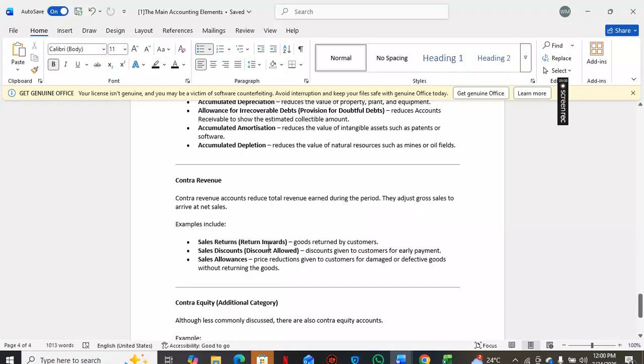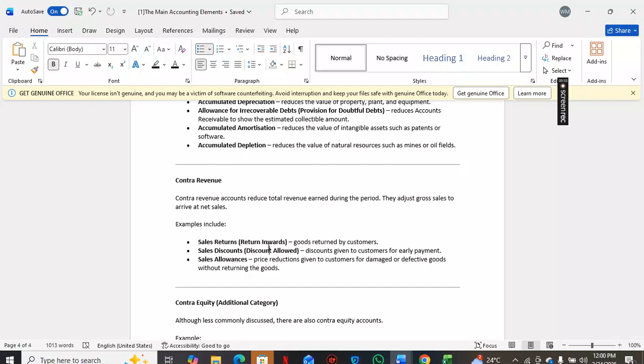Even discount allowed. When you give the customer a discount, it means what they are paying you, they are going to pay you less. That's a discount allowed, when the business gives your customer a discount.